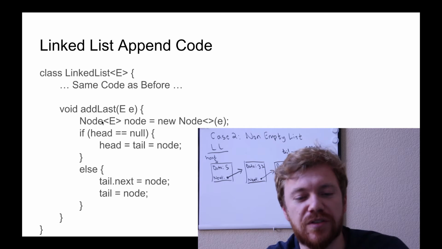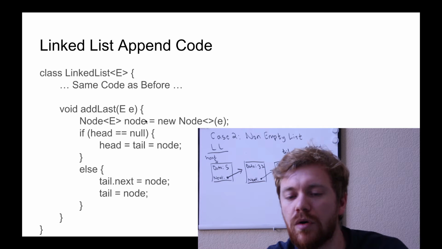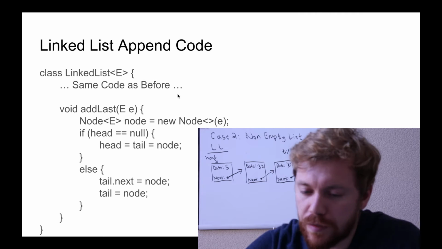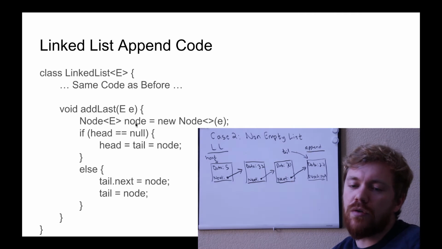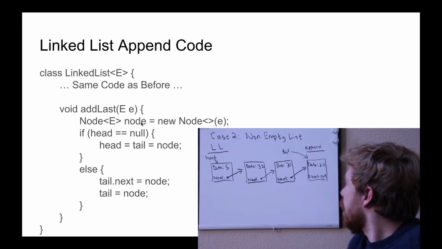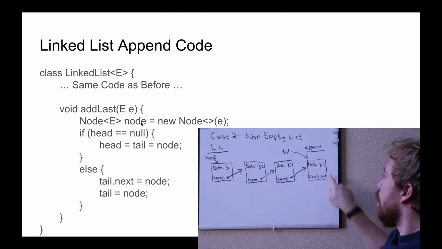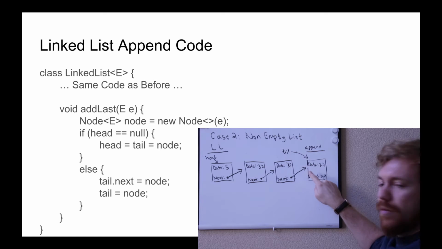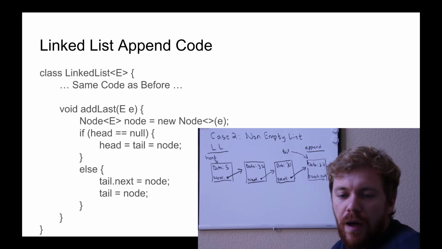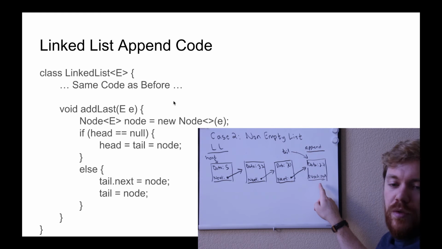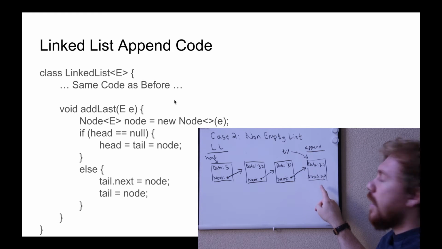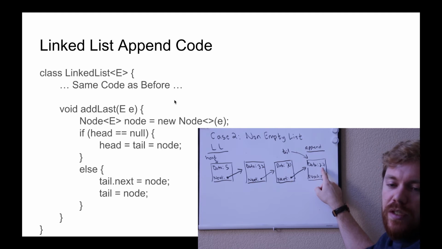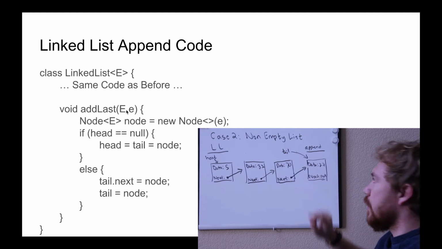And so you can see the very first thing we do in this addLast is create the new node. This node variable I've created was this new node that we are appending. And so really what this would be is addLast, and the data would be 27. So the input E here would be 27.